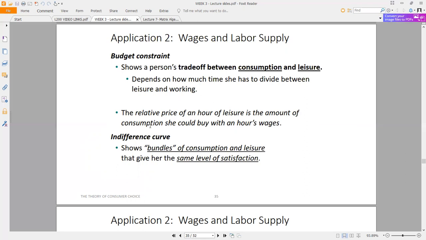Here we take leisure as any non-work activity, anything that you do that does not earn you income. And for consumption, we are talking about the quantity of goods and services that you can use your wage, earned after working, to buy and consume.